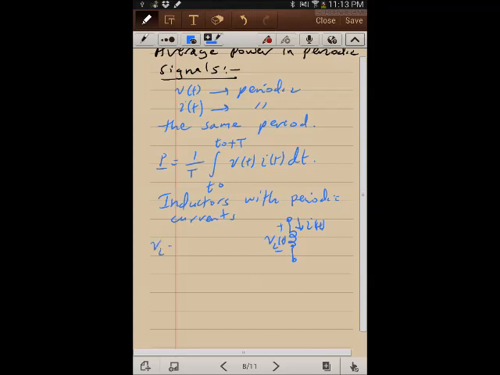Then VL is equal to L di(t)/dt. So if IL is periodic, that means IL(t plus the period T) will equal the current at any time, I(t).